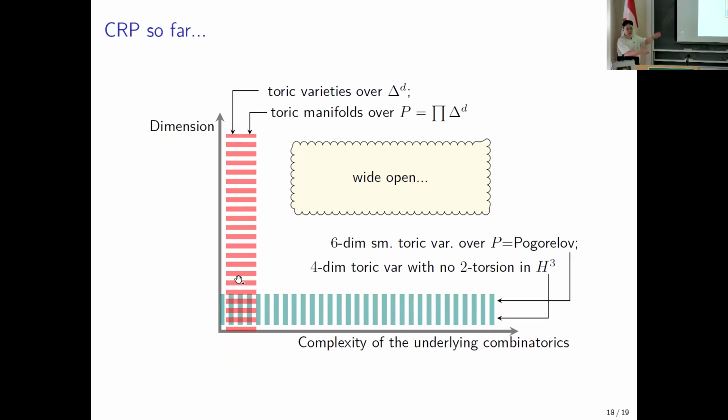At the bottom, in dimension 2, we have some partial results for the 4-dimensional toric variety case. And then we have another result for 6-dimensional smooth toric varieties over the Pogorelov polytope, right? But we do not know anything about higher dimensions. If we minimize the complexity of the toric variety and just increase the dimension, that's going to be projective space, weighted projective space, or some manifold over a product of simplices, right? That's probably the next step.